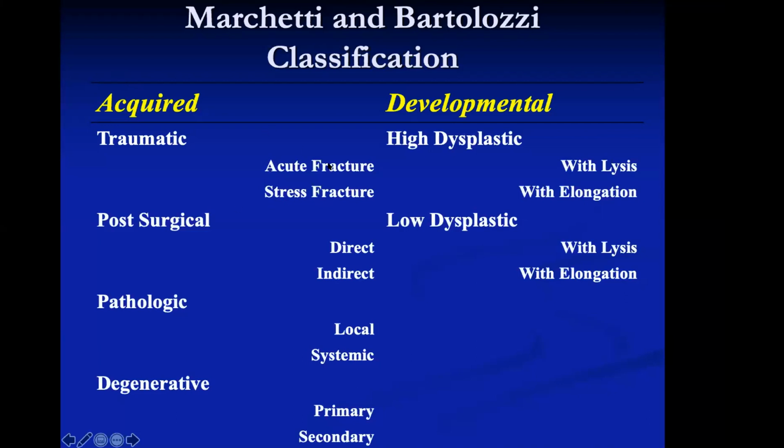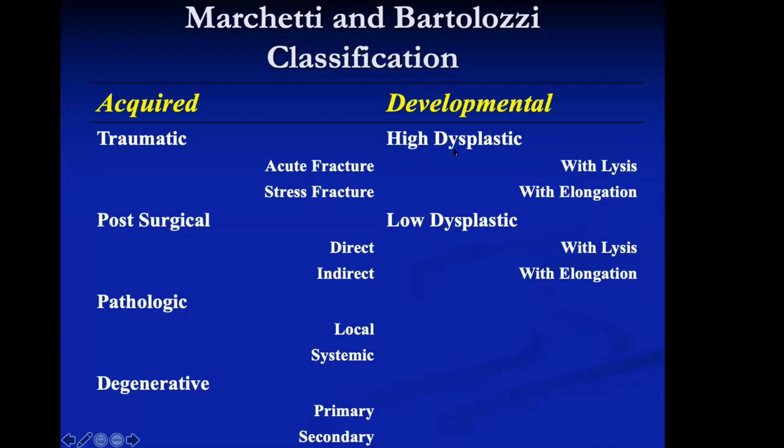So this is the acquired type. So this is all not developmental. This happens because of either degeneration, or a tumor, or metastasis, or iatrogenic causes, or a fall. So very simple to understand, acquired. Here there is a significant amount of stress given to the developmental type of listhesis. This developmental listhesis usually centers around the isthmus.